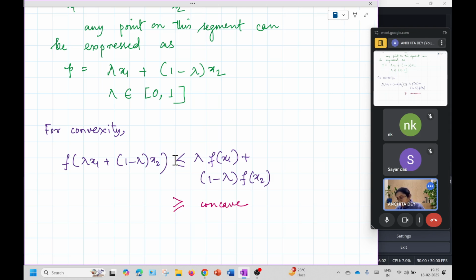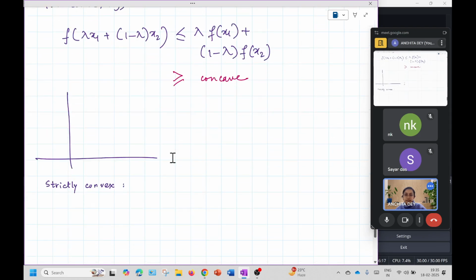Now there are several other ways to test convexity. I will just give a small figure to you. In this case, if I draw this very function, then this is also a convex function.